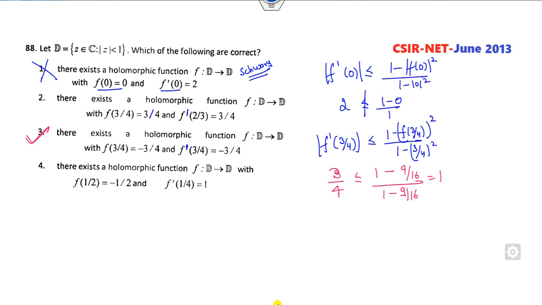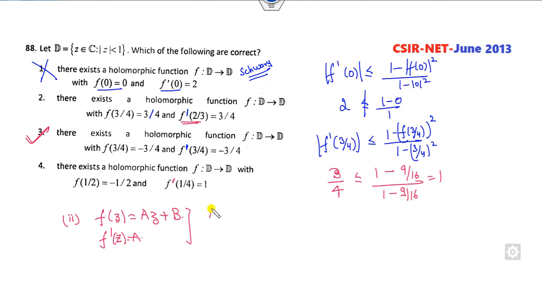Fine. Now look at this f(1/2), f'(1/4), which are not at the same point. So look at this second option. How can you check the second and fourth? That's very simple. If I simply take the function f(z) = az + b, then what is f'(z)? It is a.